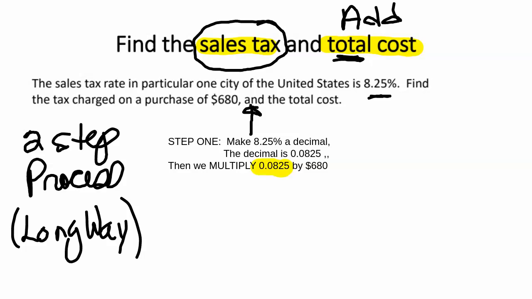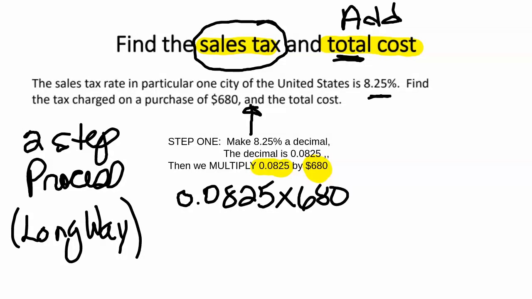Now, be very careful. This is money. When you take 0.0825, and you multiply by 680.